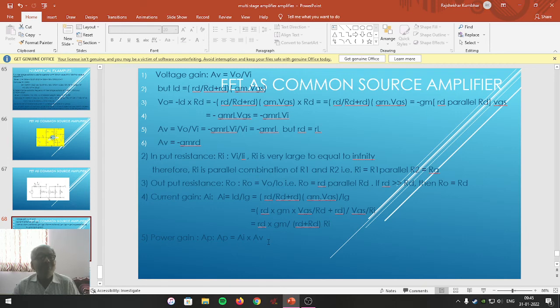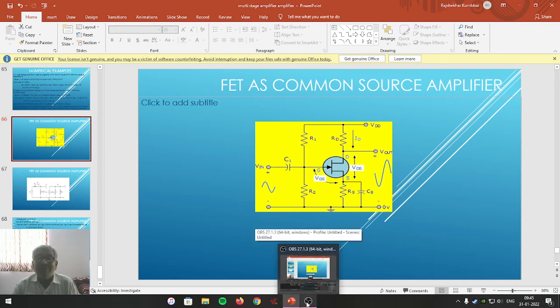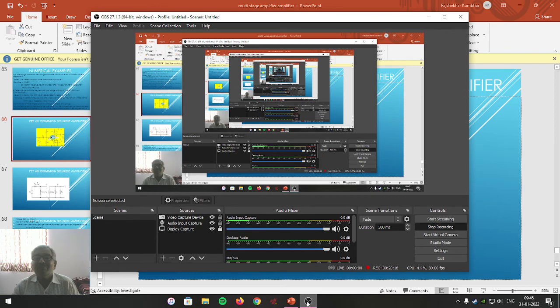Friends, this is how one can perform the analysis of FET as a common source amplifier with respect to calculation of almost all the parameters. Student friends, it's all about the FET as a common source amplifier.